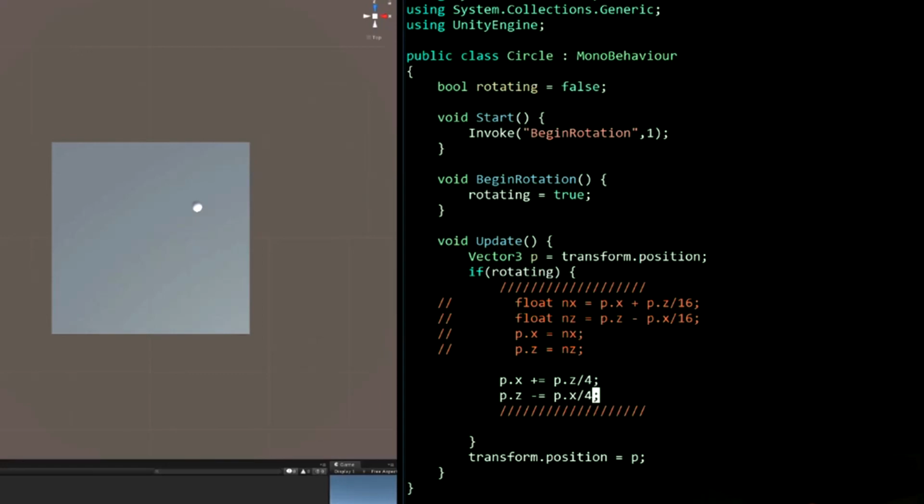And I can show you that if I come and sort of really... We had the 8. Let's go to 4. It's not going to be so circular, but it will be stable. Look how beautiful that is.